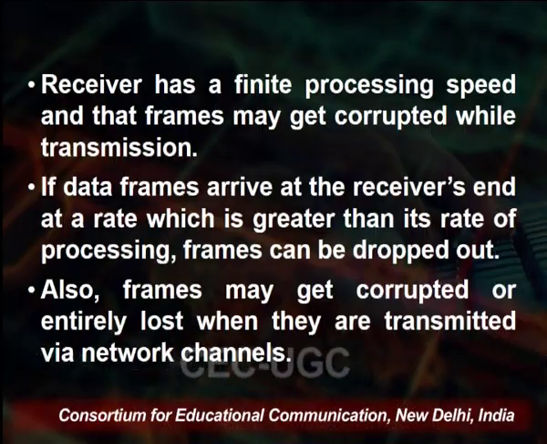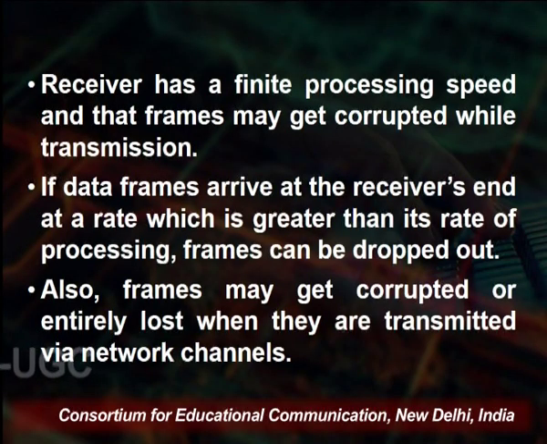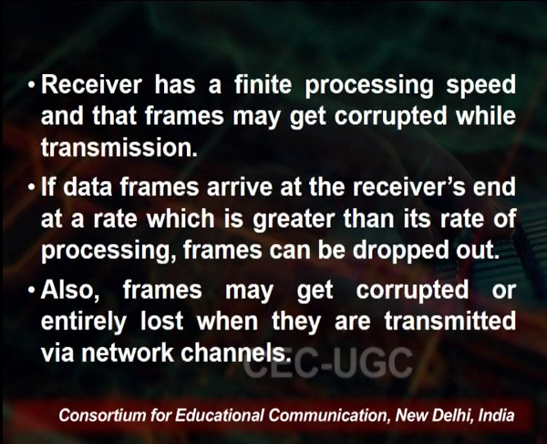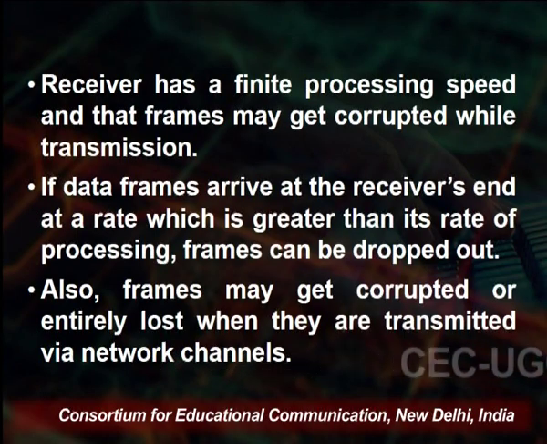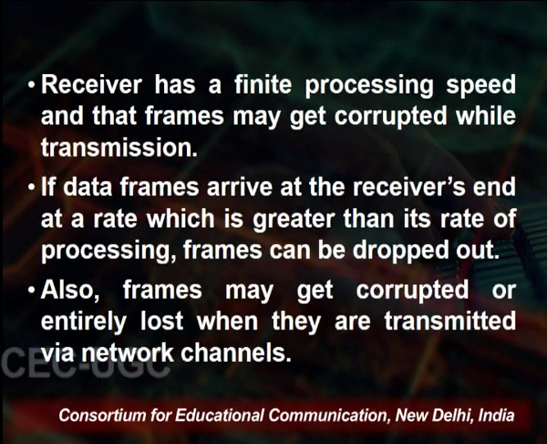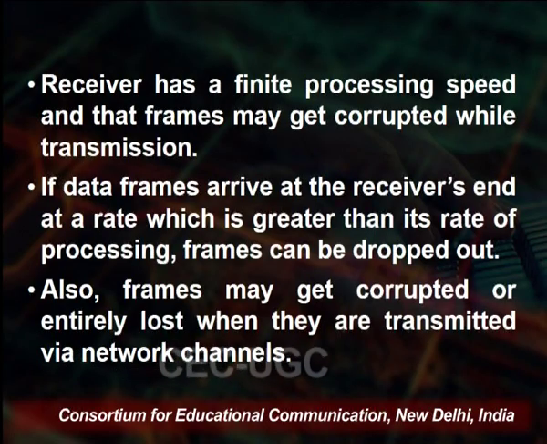Now what is the scenario in which this kind of protocol operates? The receiver has a finite processing speed, and because of this finite processing speed, what will be the effect? The frames may get corrupted during transmission. That is also a possibility.